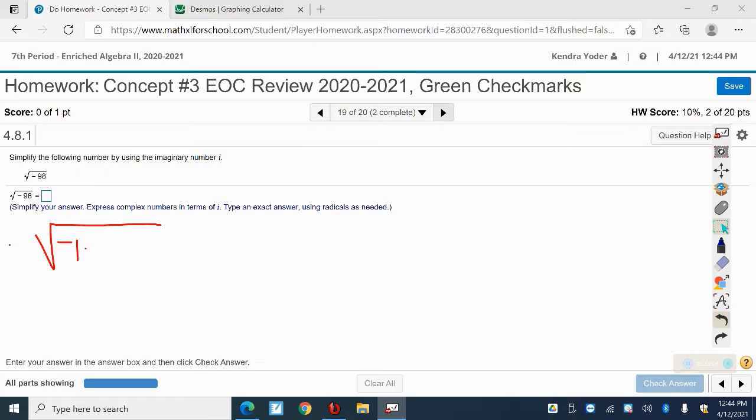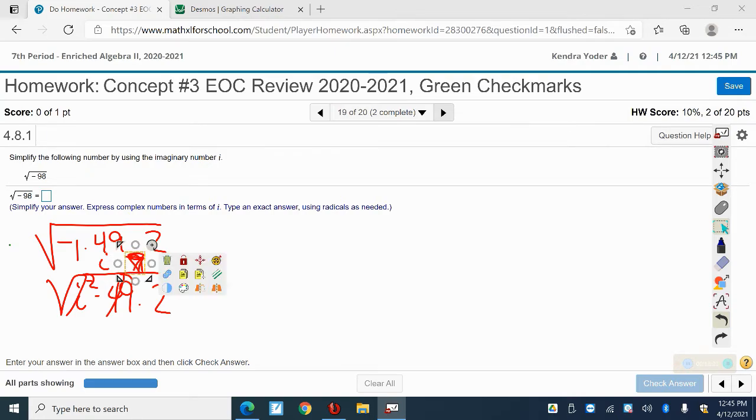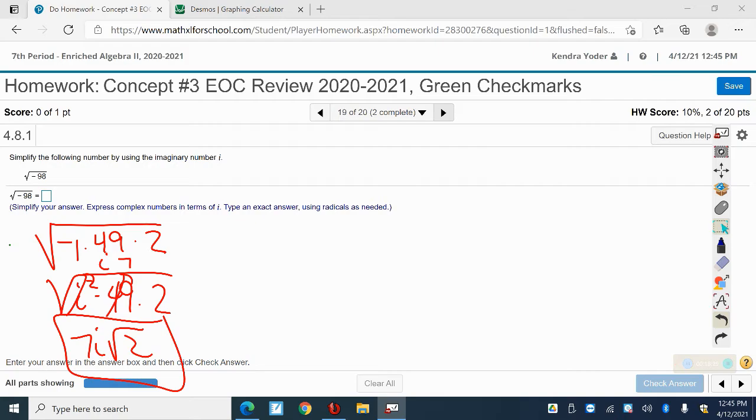That makes more sense. 49 times 2, so this is the same thing as i squared times 49 times 2. Right? This comes out as 7, 7. Look! So great. 7i square root of 2.